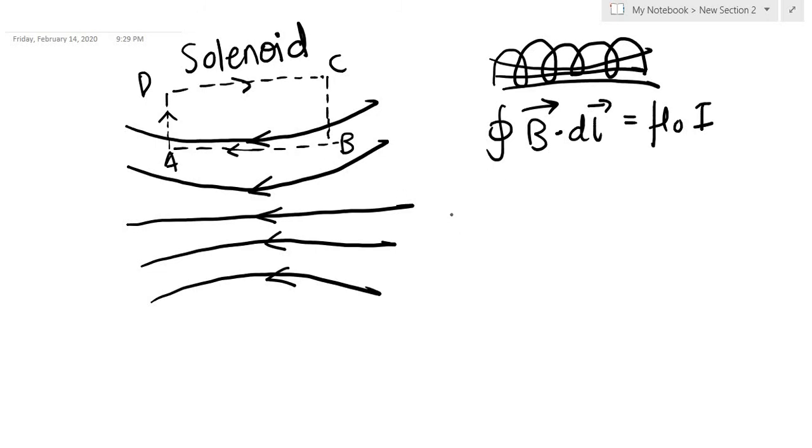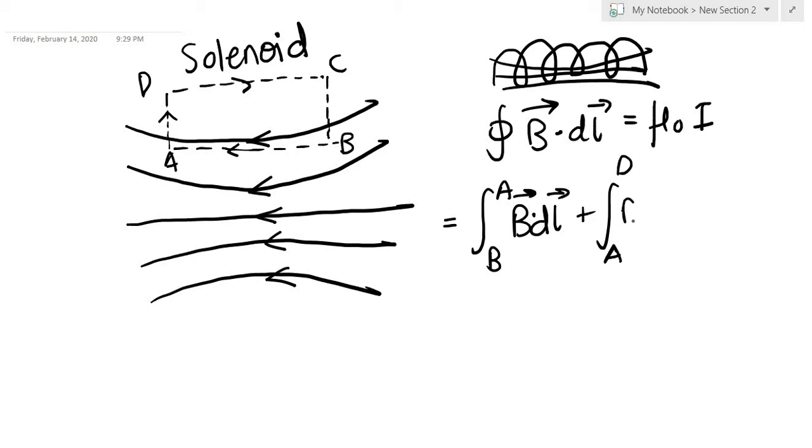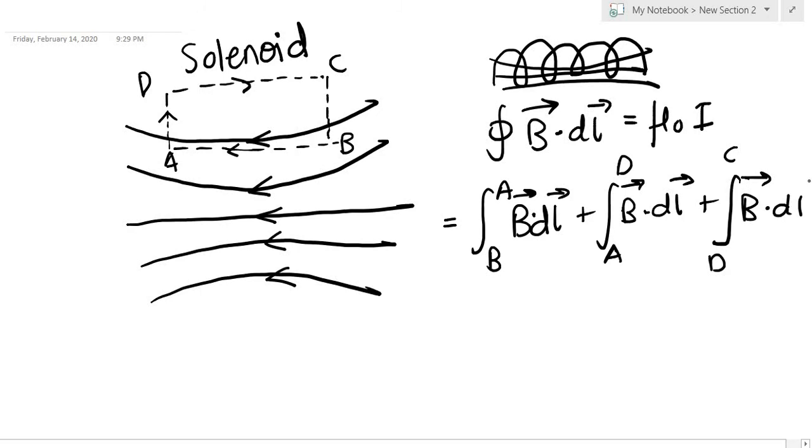So we can break this closed loop integral into the integral from B to A of B bar dot dl bar, plus, we have to maintain the order, the integral from A to D of B bar dot dl bar, plus the integral from D to C of B bar dot dl bar.